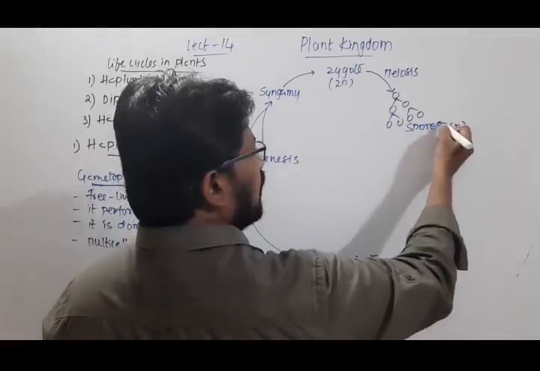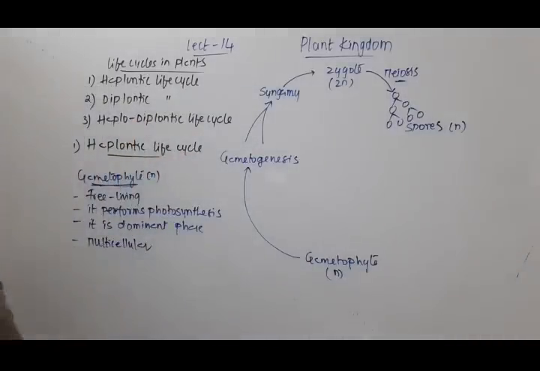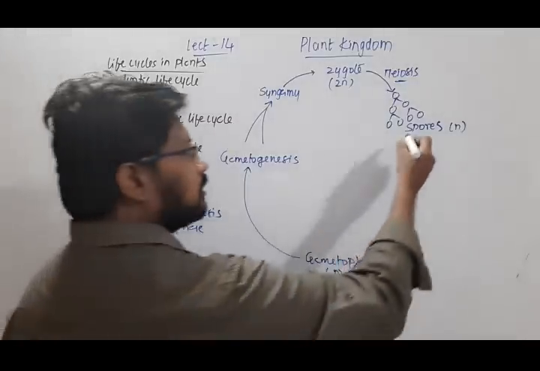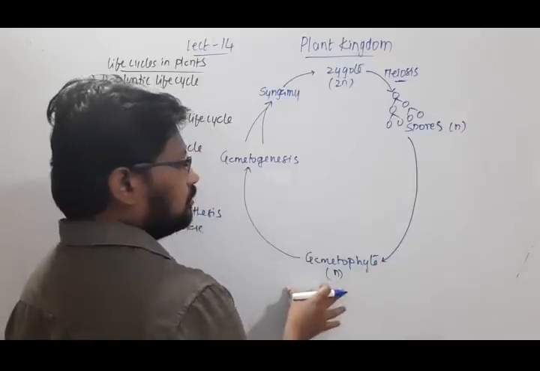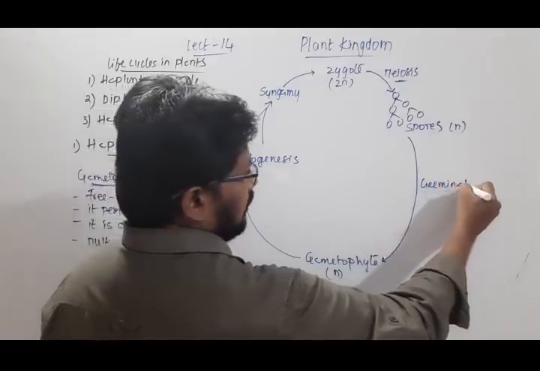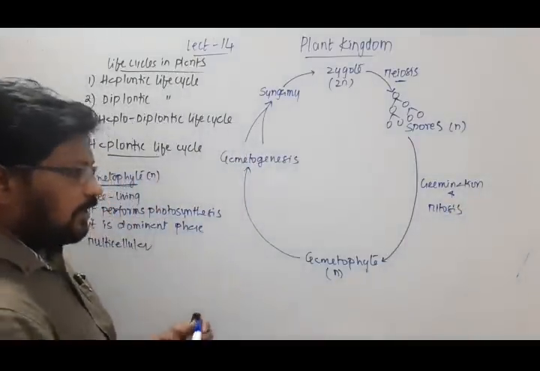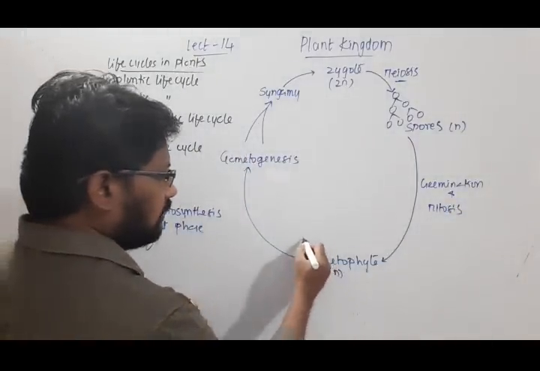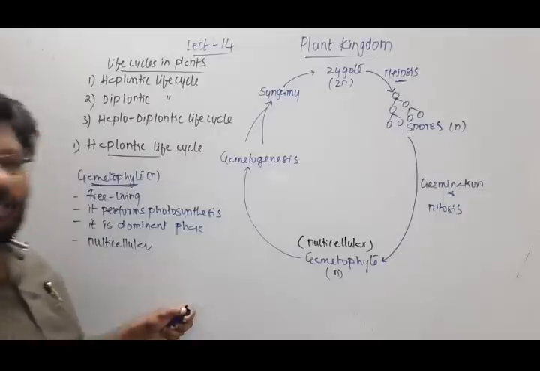These spores are haploid because the type of division involved is meiosis. Upon germination, and through mitosis, the spores give rise to the gametophyte, which is multicellular.